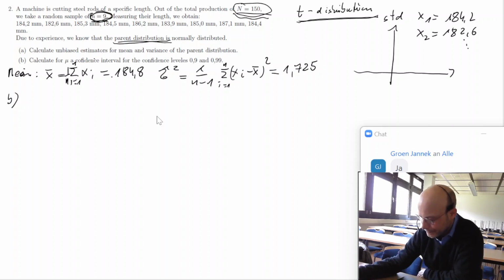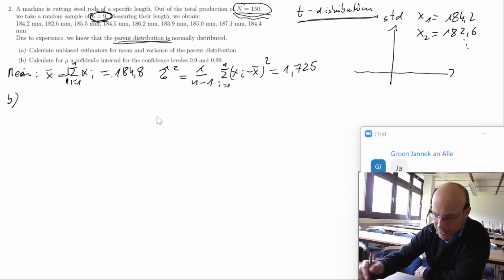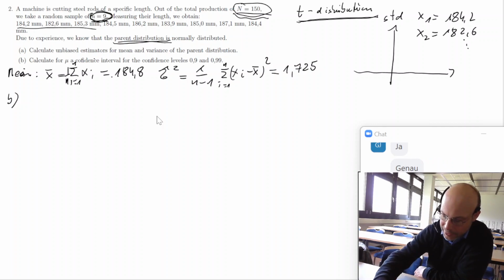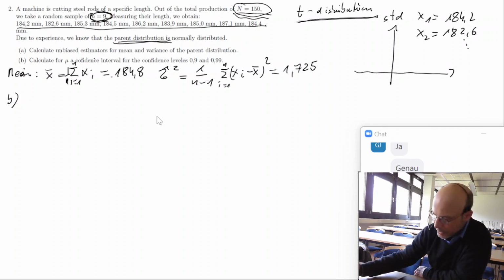Okay? So we just calculate the arithmetic mean of these 9 values. Okay.